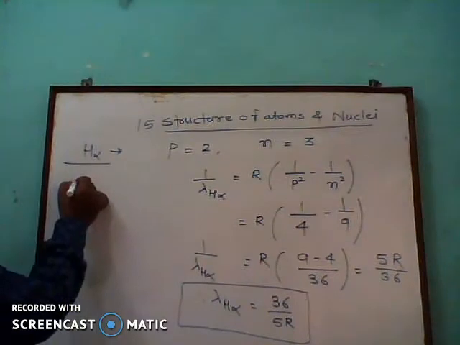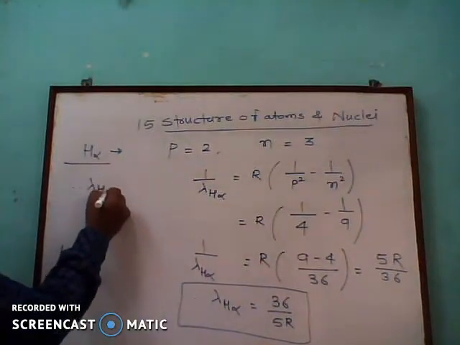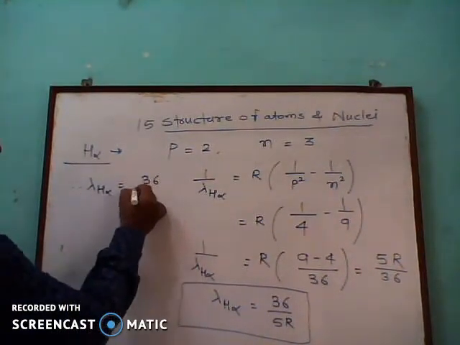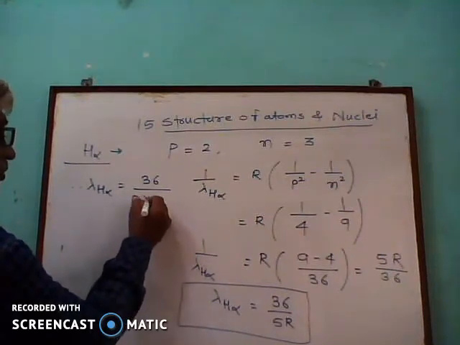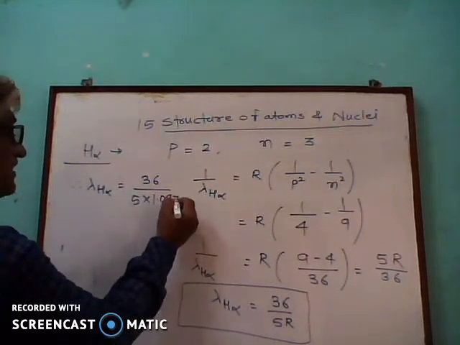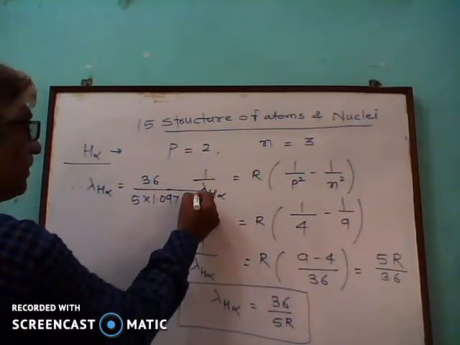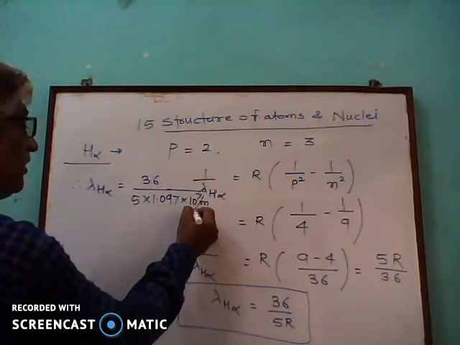So here, lambda H alpha is equal to 36 upon 5 into 1.097 into 10 to the power 7 per meter.